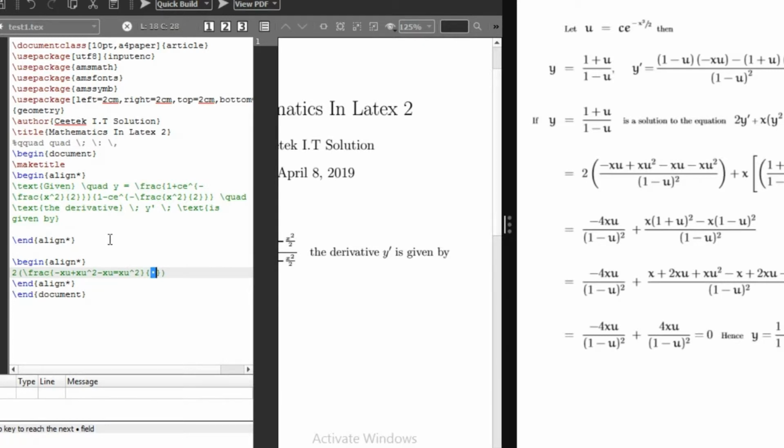And then our denominator is given by bracket 1 minus u all squared, so to the power 2. Okay, so let's compile this and see what we are getting, right?